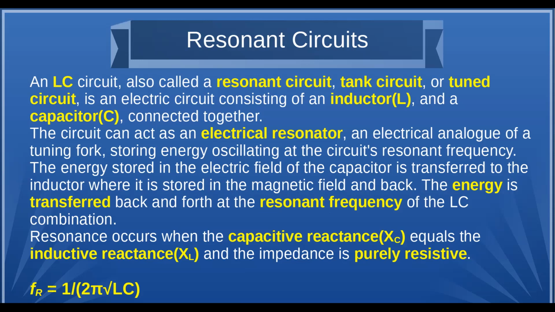So all we're going to do is move the energy back and forth between the inductor and the capacitor. If there were no losses or no resistance, it would just go back and forth forever and be resonant.